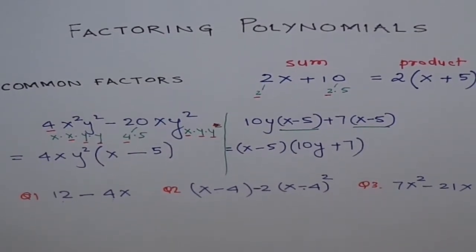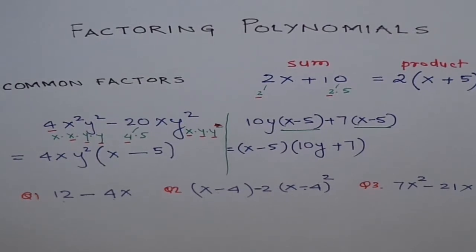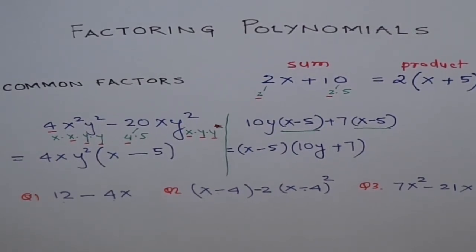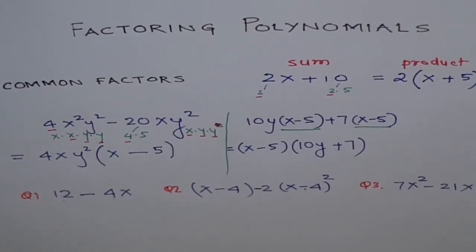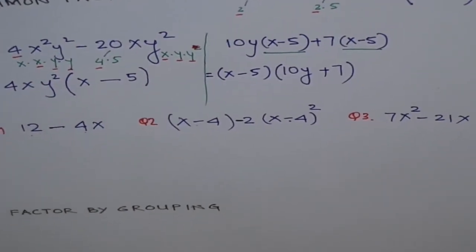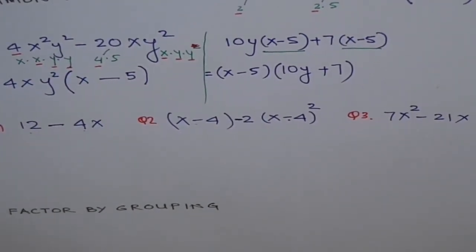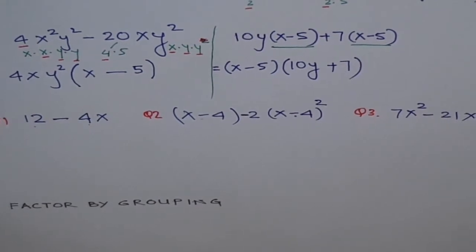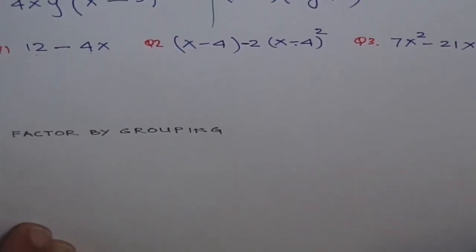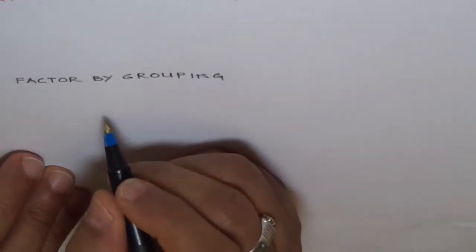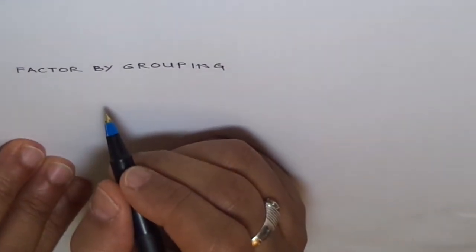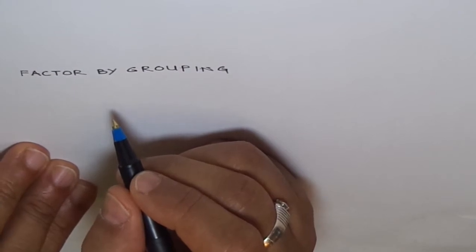Okay, now let's look into another technique of factoring, and that is factoring by grouping. So sometimes it is not very obvious that these are the terms and they can be factored out. Now let me take an example where we will teach you how to first group them or look for groups with common factors.